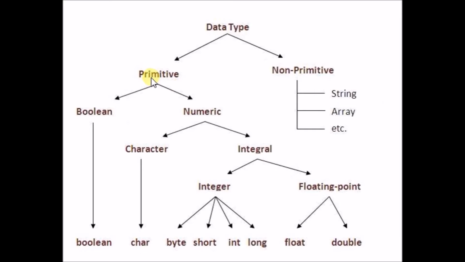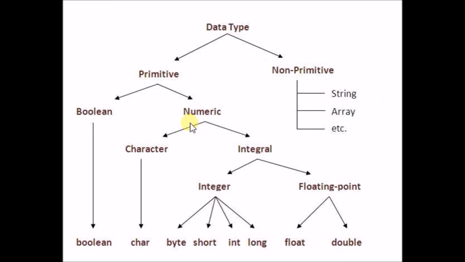You can see here that primitive data type is also categorized into two types. First is boolean. Boolean takes one bit in computers. The second part is numerics.